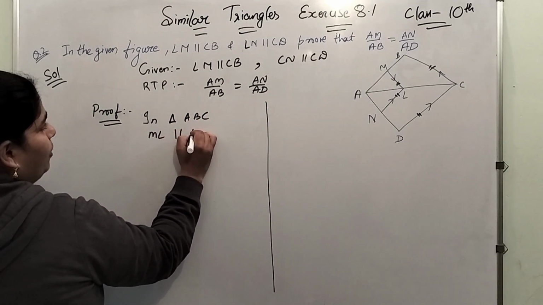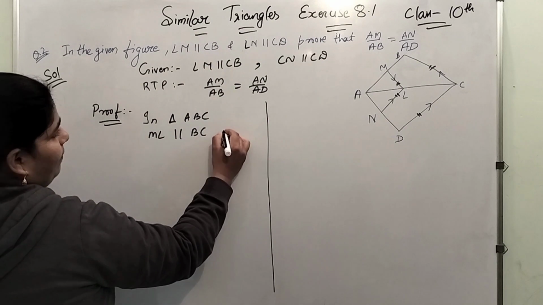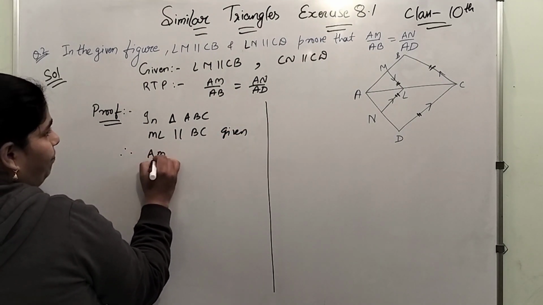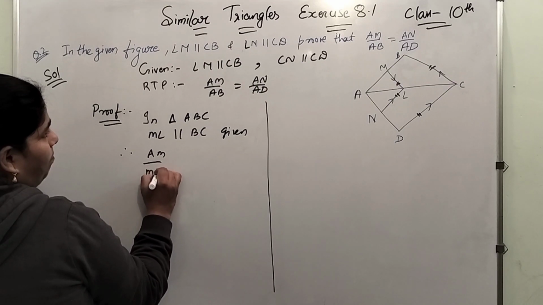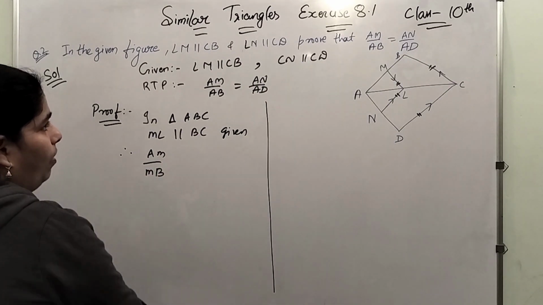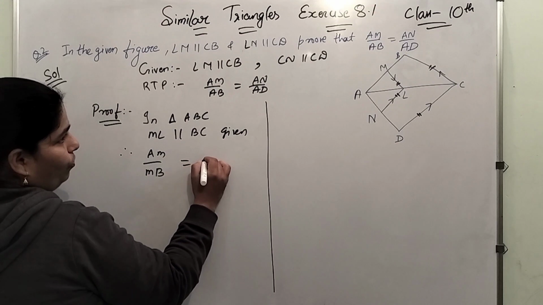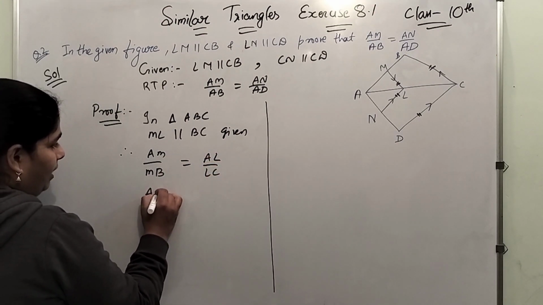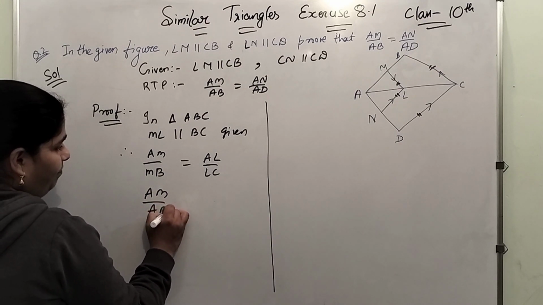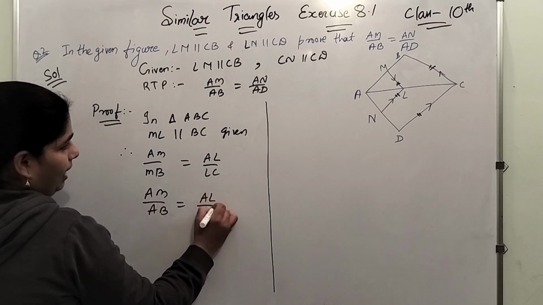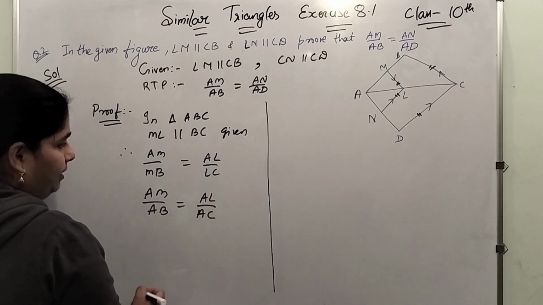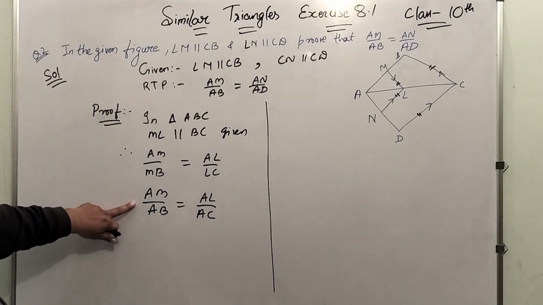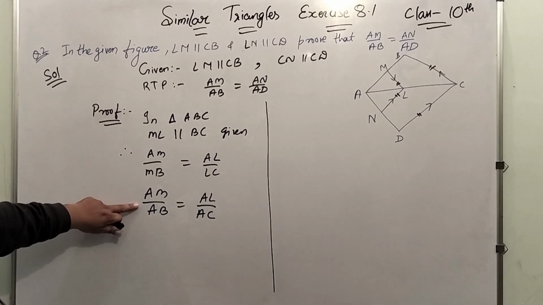ML is parallel to BC, it is given. Therefore, AM by MB is equal to AL by LC, or we can take AM by AB is equal to AL by AC. I have already explained in BPT theorem that we can take the values like this.